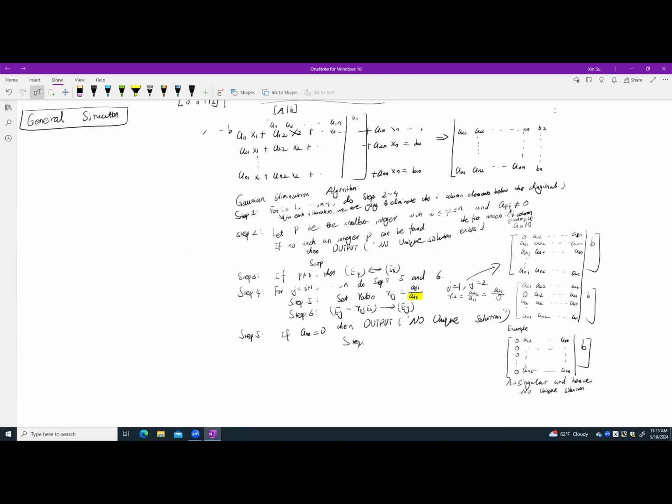So we multiply this number with each element, which gives that many multiplications for step 6. Then we need to do the subtractions, and we do the same number of subtractions, m minus i plus 1.